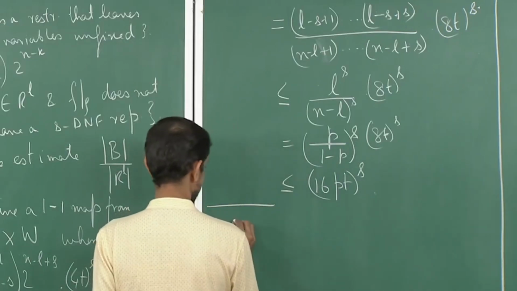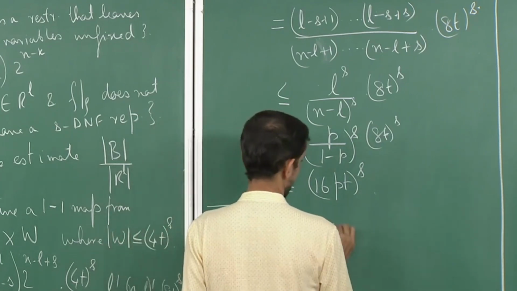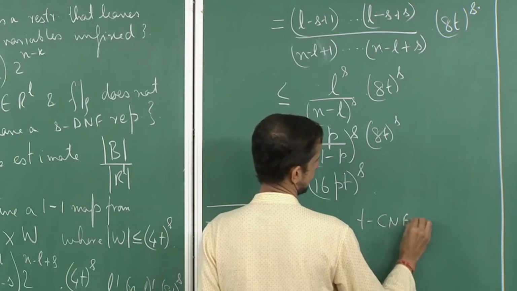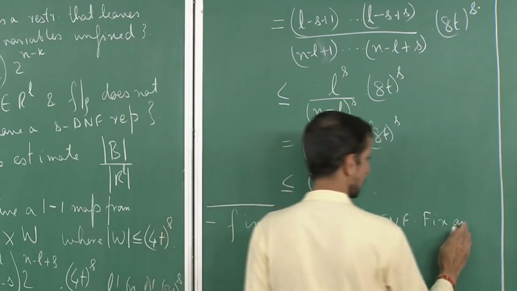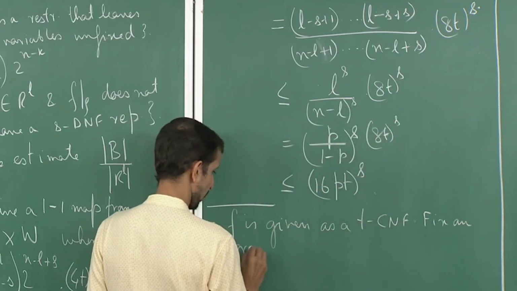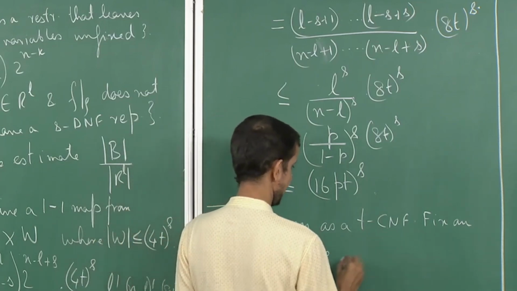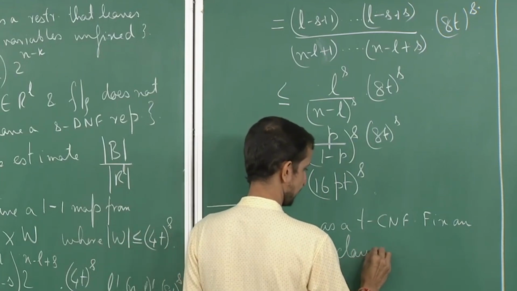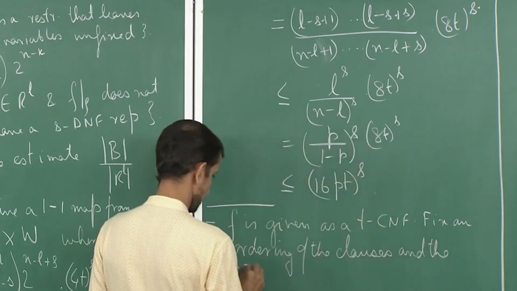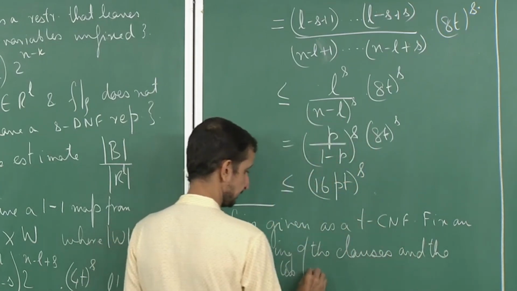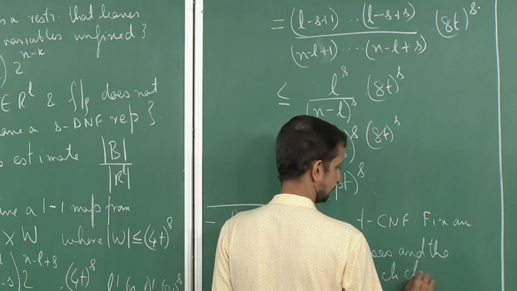So, f is given as a TCNF. What we will first do is fix an ordering of the clauses and the variables within each clause.